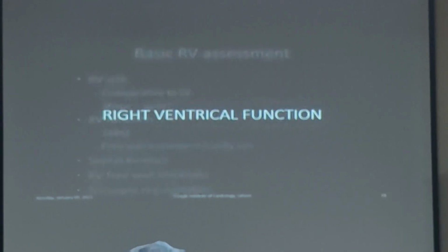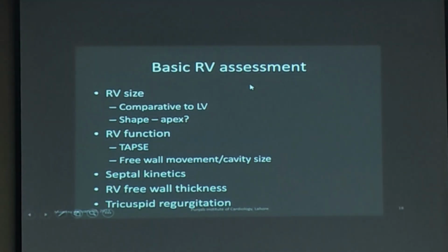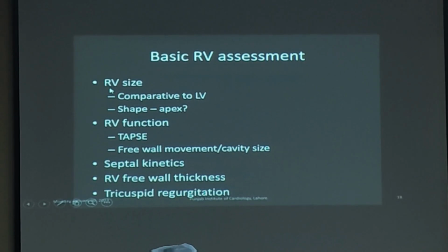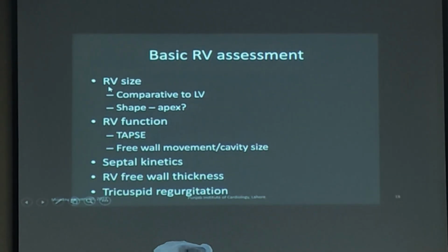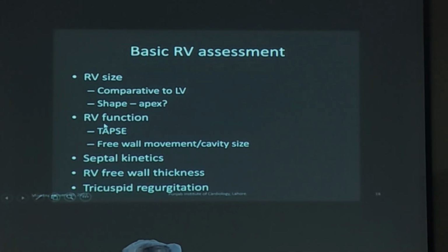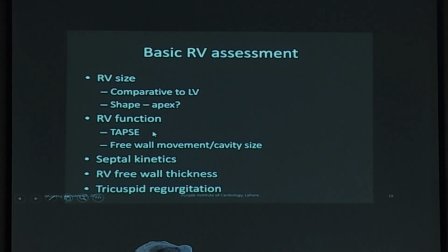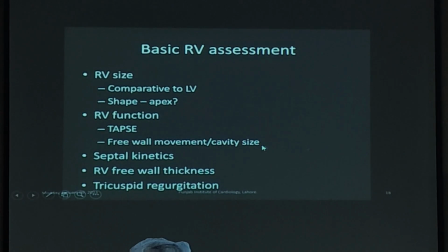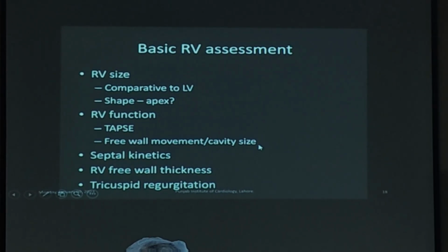For the basic RV assessment, we are going to look at the RV size, the shape, and RV function. For the function, we use TAPSE, free wall motion, and cavity size, and of course RV S' as well.